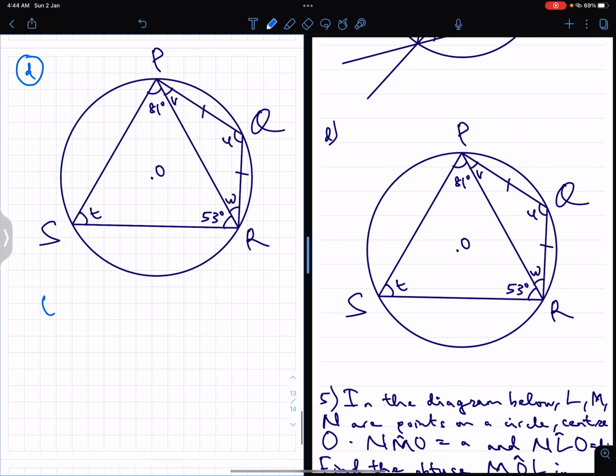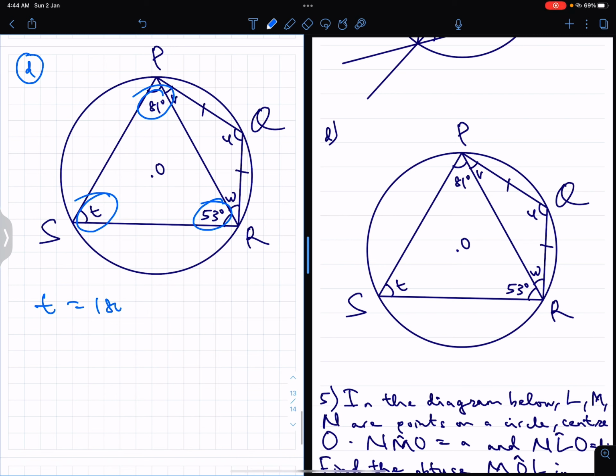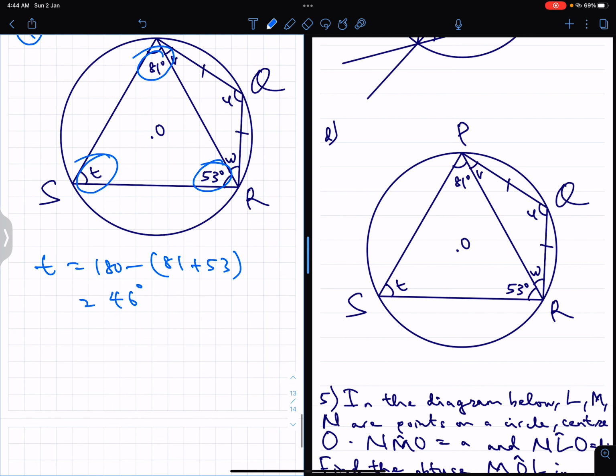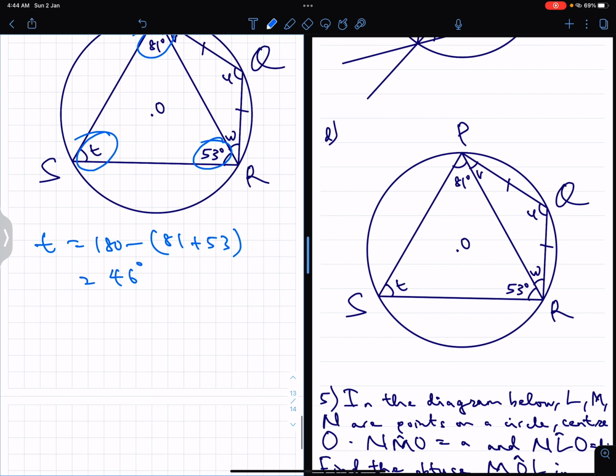Now, first of all, T: 81 plus 53 plus T equals 180 degrees. That means T is 180 minus the sum of 81 and 53 degrees, which is 46 degrees. That's 180 minus 134, and that's 46 degrees.